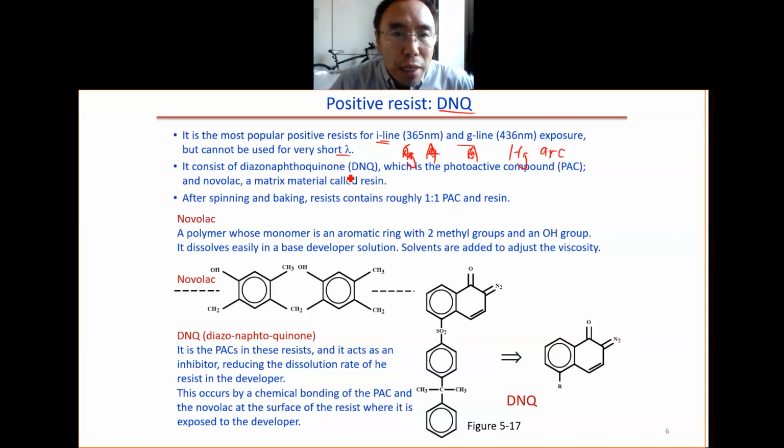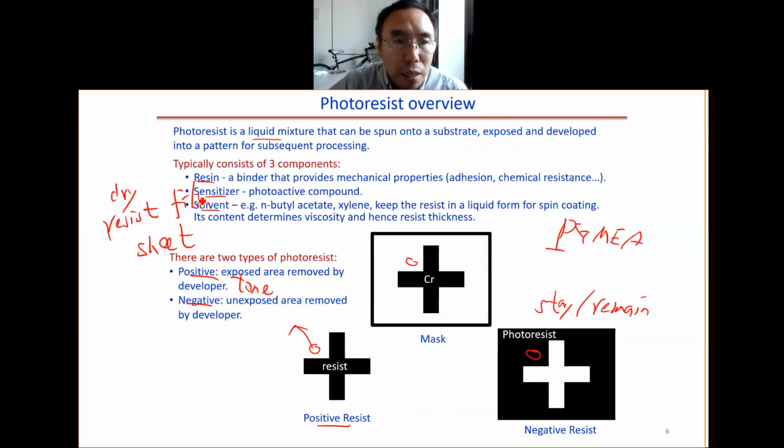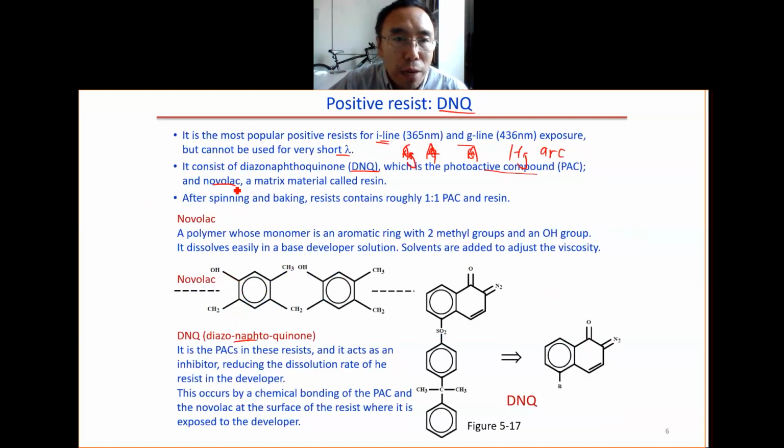The main component is the DNQ, which is the photoactive compound. The binder, the resin, is a Novolac. Novolac consists of an aromatic ring plus methyl groups and hydroxyl groups.